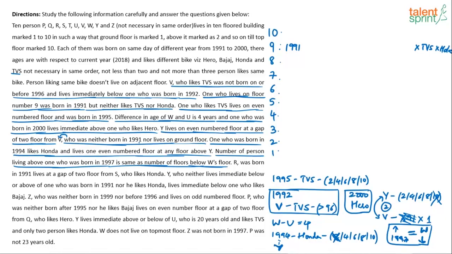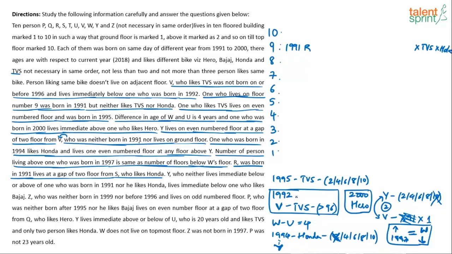Next point. R was born in 1991 and lives at a gap of 2 floors from S, who likes Honda. R was born in 1991, which is immediately on floor number 9, right? Because 1991 is fixed for floor number 9. So R can be fixed here.